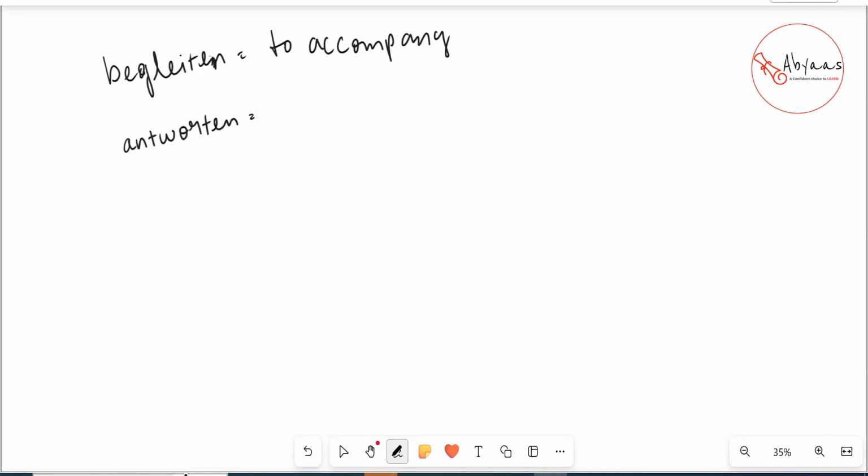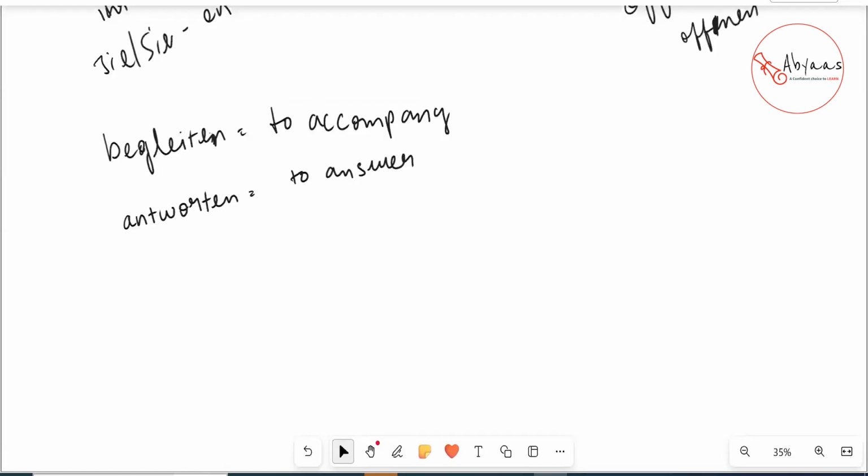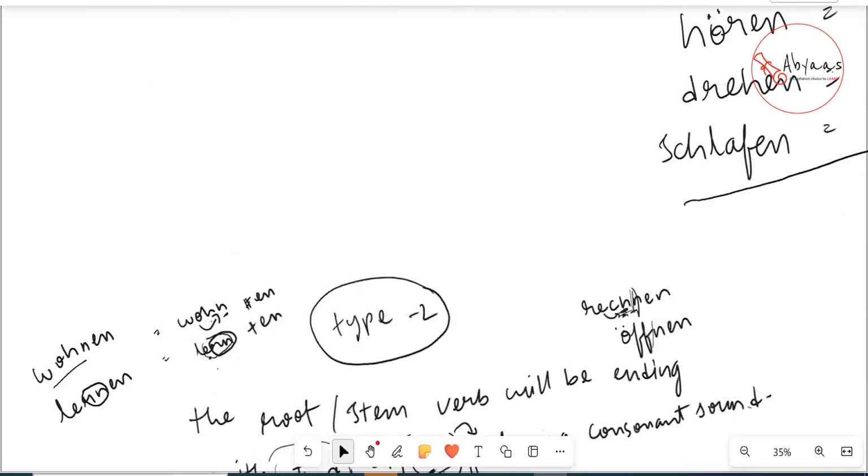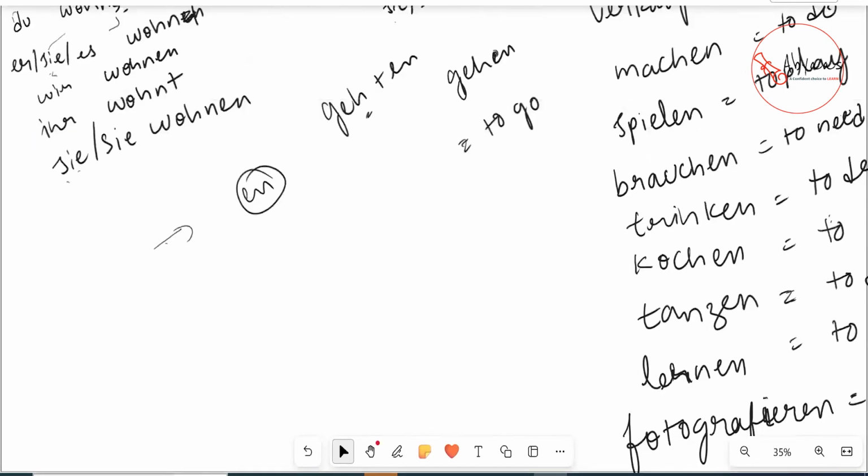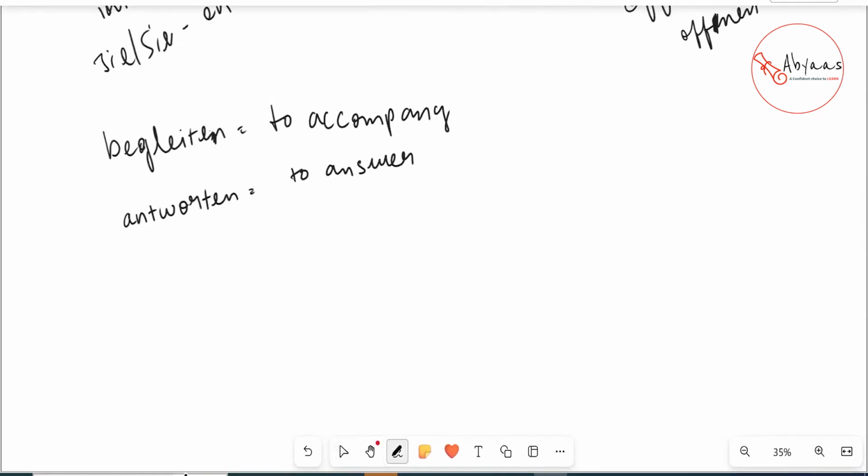Antworten, to answer. Even I forgot an important verb in the case of the first type. Antworten is to answer. Then what is to question? Fragen. Fragen has the first type of conjugation. Fragen is to ask or to question. So antworten is to answer.